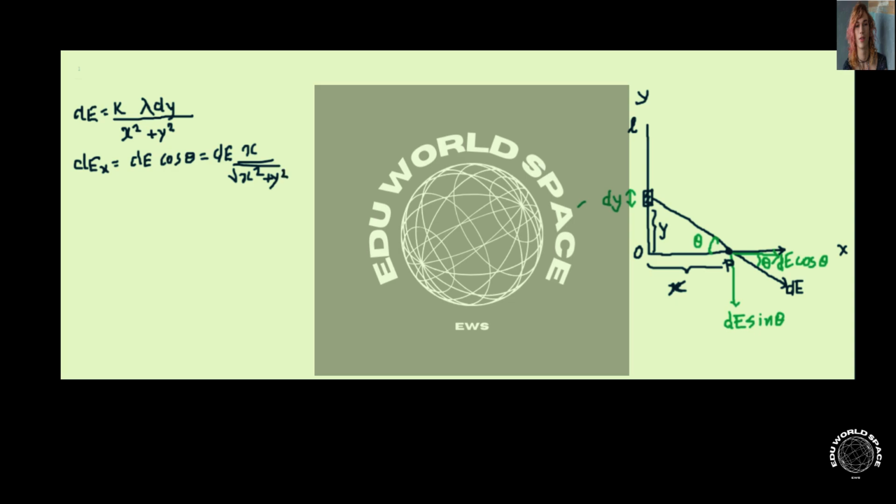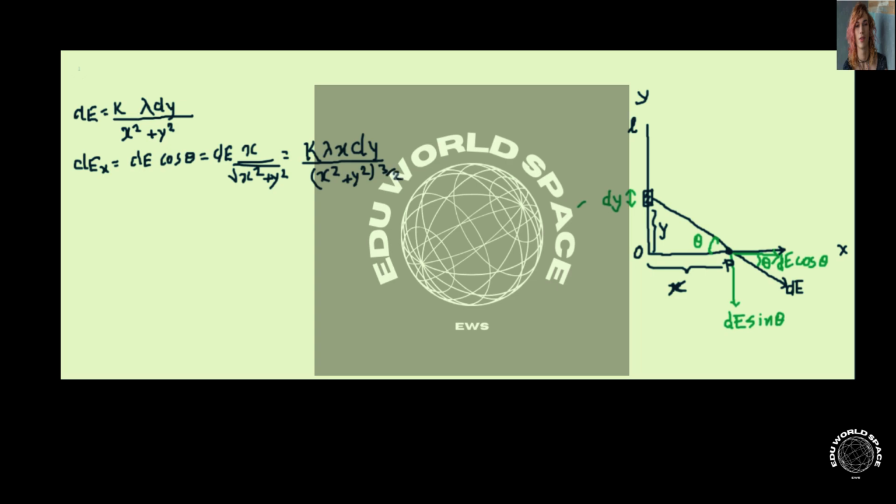So if we combine the expression for dE here, this will give me k lambda x dy upon x squared plus y squared to the power 3 by 2.